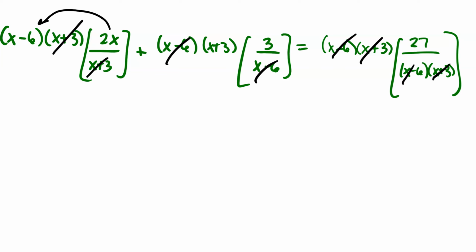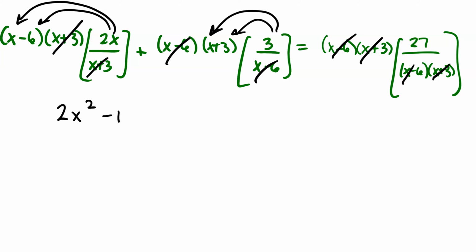Don't forget to distribute the 2x to each one of these, the 3 to each of these. So 2x squared minus 12x. After I write out this line, I'll pause for a second to make sure we're all caught up. Plus 3x plus 9 equals 27. Ideally, we'll get everything on one side, all like terms combined, and we can solve.